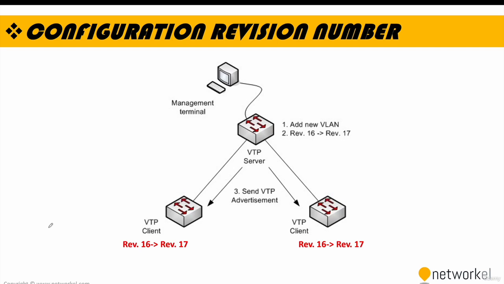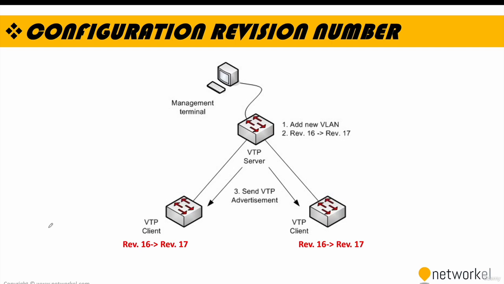It indicates the current state of the VLAN database and helps switches determine if they need to update their VLAN information. The number increases each time a change is made to the VLAN configuration on a VTP server. This could include adding, modifying, or deleting VLANs.